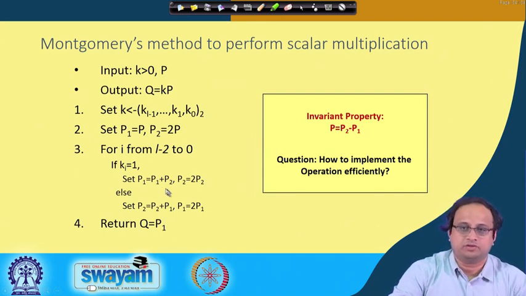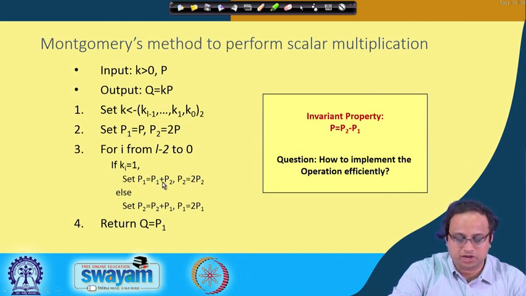If you do that, then the first thing you observe is that P2 minus P1 remains an invariant, because P2 minus P1 is always equal to 2P2 minus P1 minus P2, and therefore it does not change. Likewise, if it enters the other part of the loop, then P2 minus P1 is equal to P2 plus P1 minus 2P1, which is again equal to P2 minus P1.